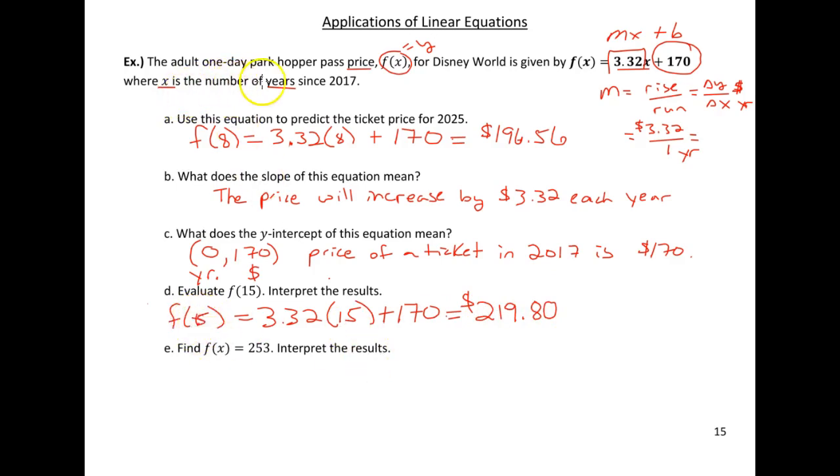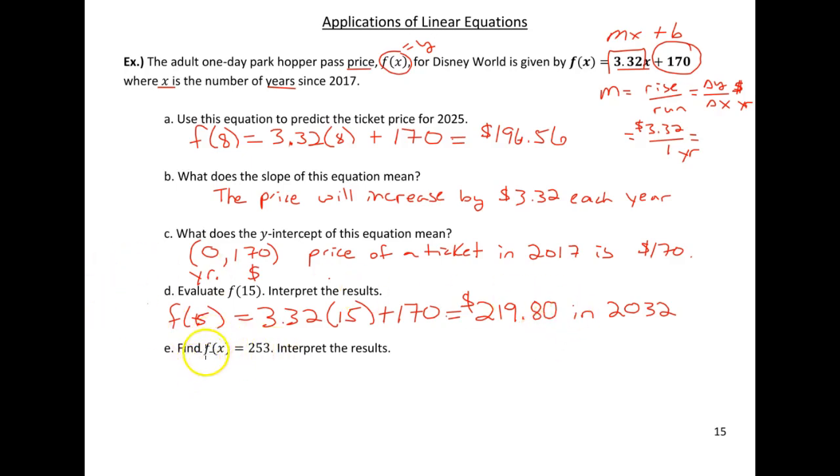Remember, x is the number of years since 2017. So 2017 plus 15 more years would be 2032. The price will be $219.80 for one adult day park pass.